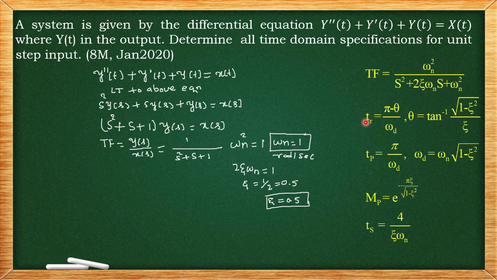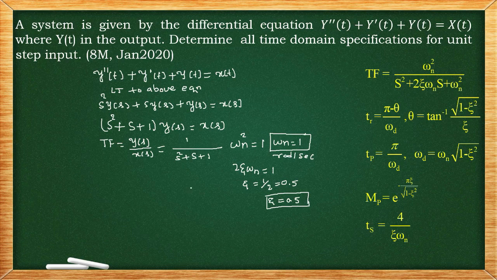The rising time can be calculated by using this formula, pi minus theta divided by omega d, where theta is given by this formula and omega d is the damping frequency, which can be calculated by this formula. So let us begin the calculations of theta and omega d.